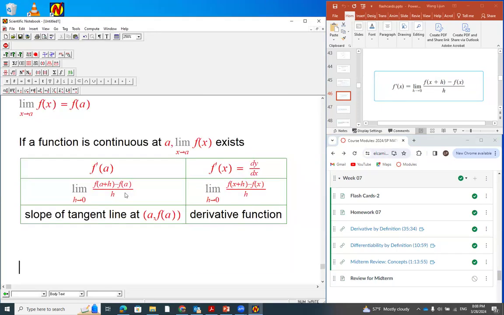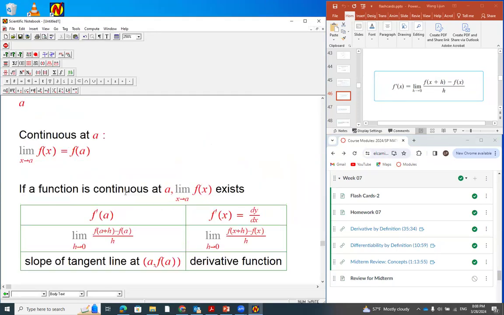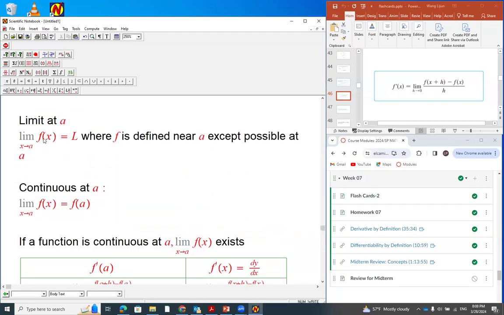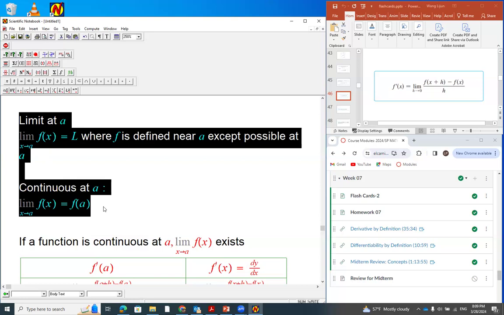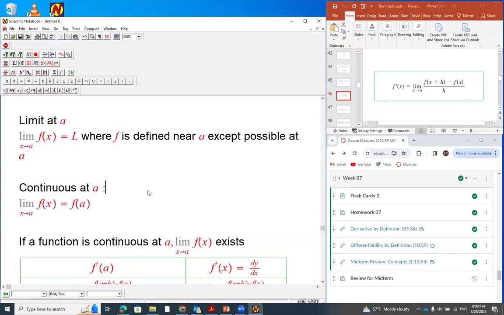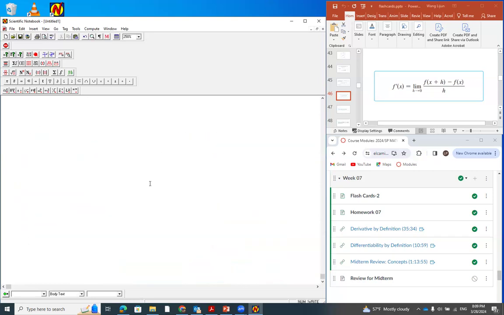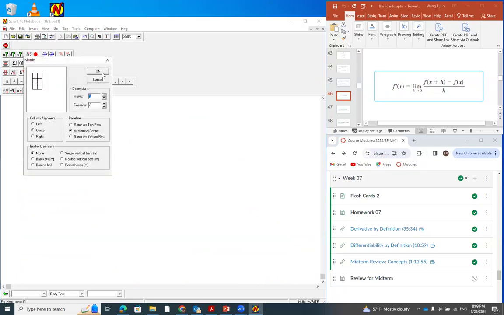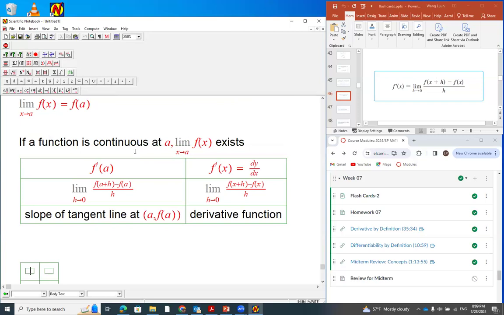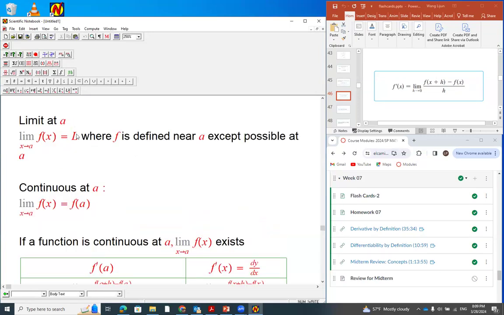The next topic I'd like to address at the end of this recording is the relationship between all three concepts. So I'm going to put it together in a table. Limit at a.